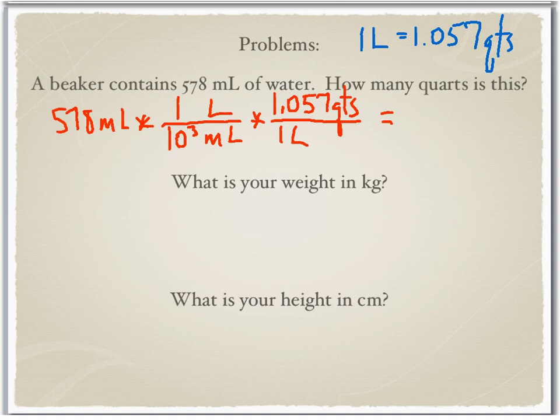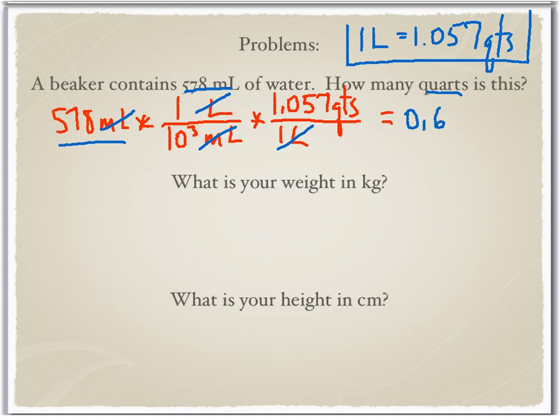So here's a problem where we have to convert 578 milliliters to quarts. Well, we don't have a milliliter to quart conversion. This is the only one that we have. That's okay. We can make it work. We can convert 578 milliliters to liters like this, and then a liter is 1.057 quarts, and that gives us an answer of 0.610946 quarts.